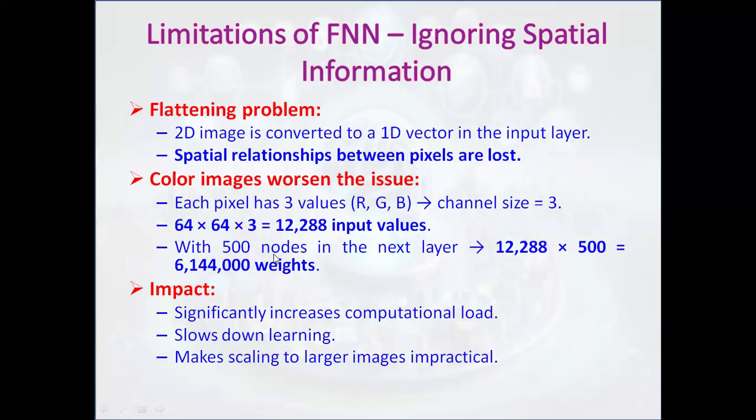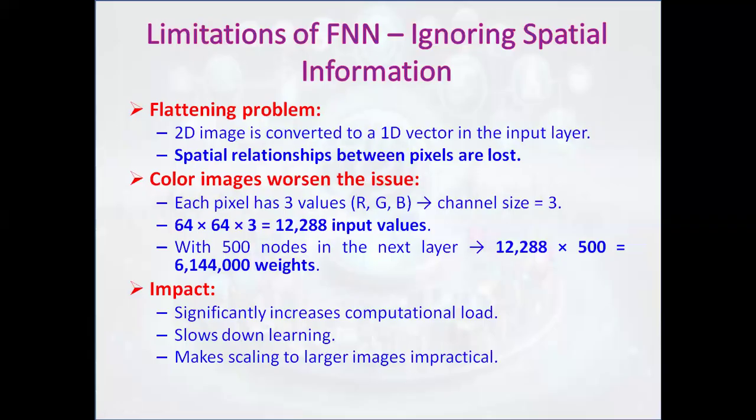And for the next layer, if I consider 500 nodes, this value should be multiplied with 500, so I get 6,144,000 weights. What is the impact of this? It significantly increases the computational load and slows down many calculations. It slows down the learning and makes scaling to larger images impractical.